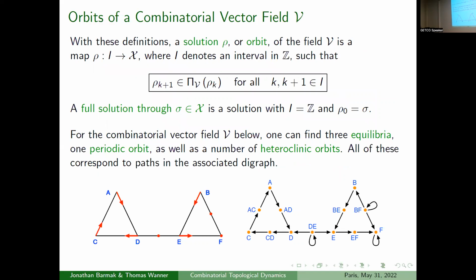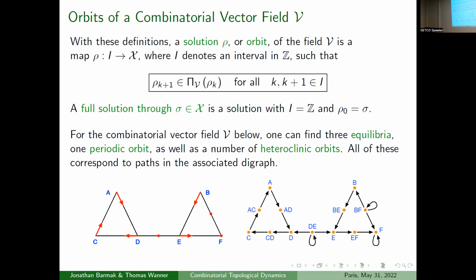So that gives me a notion of solution. For this multi-valued flow map, I say that a map from a discrete interval into X, into the set of simplices, is a solution of this combinatorial dynamical system if sigma k plus 1 is contained in the image of sigma k under the multi-valued flow map. And so I have this multi-valued dynamics. Obviously, through every given simplex there might be plenty of solutions, since I have this multi-valued map, but I can easily analyze those.